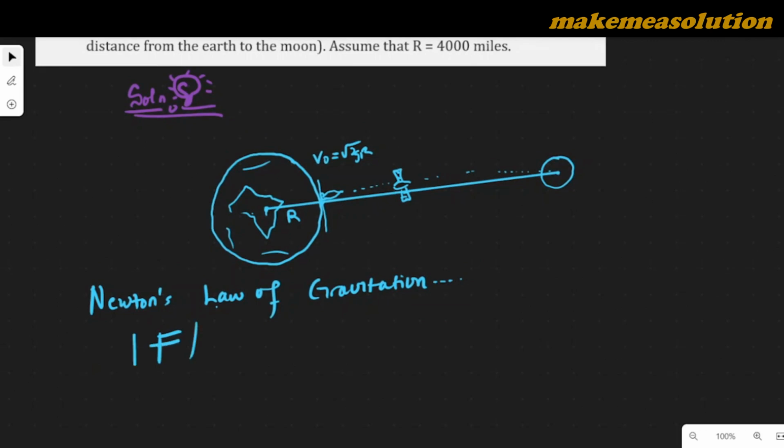magnitude of force between two bodies is proportional to the product of the masses of those bodies. Let me say the mass of the Earth and the mass of the rocket or satellite, and it is inversely proportional to the square of the distance between them. Assuming the distance between the Earth and the rocket is represented by r, the force is inversely proportional to the square of that distance.